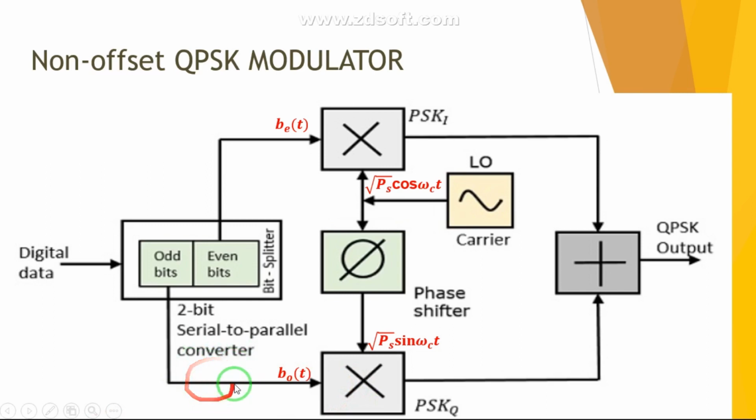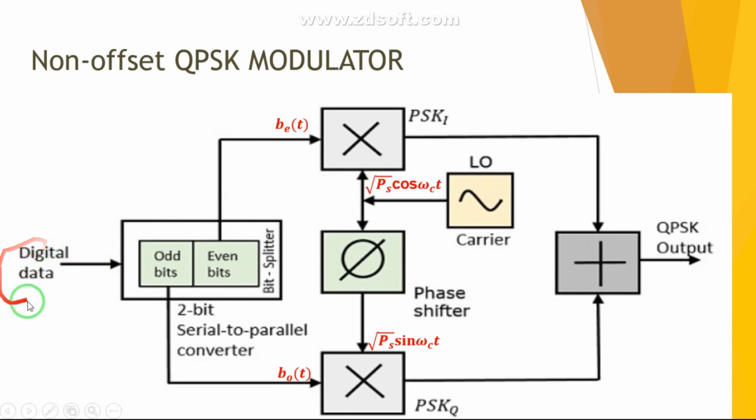Over here no delay block is there. Since there is no delay, it means no offset. So that's why we named it the non-offset QPSK modulator. Again, the principal working of both modulators is one and the same.